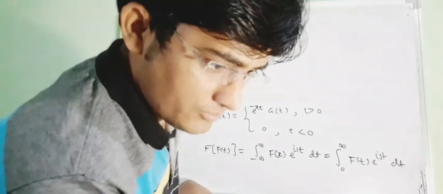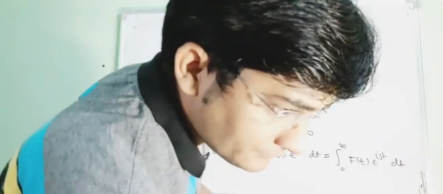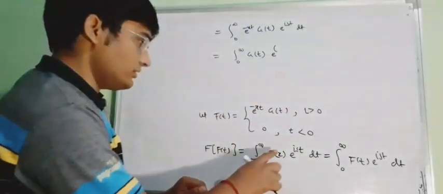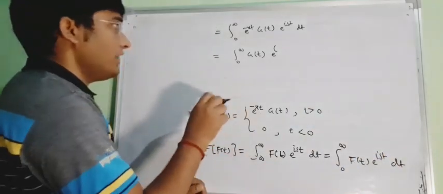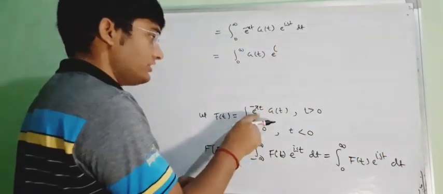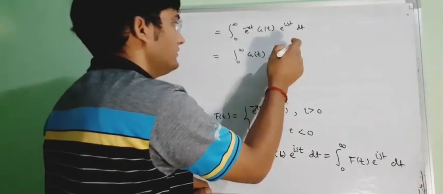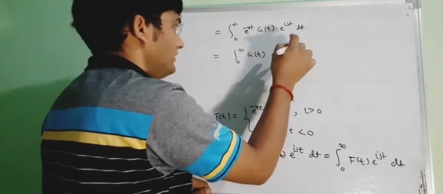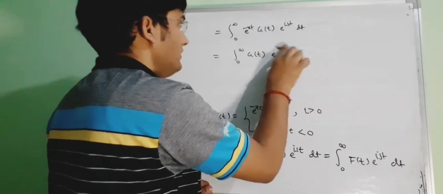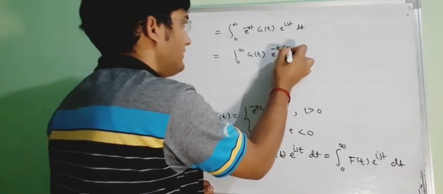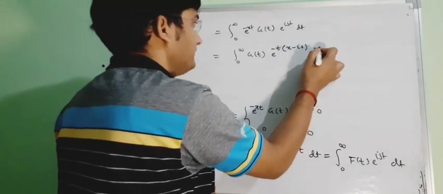Excuse me for a minute. Let us write it as, now here this is your f(t) e to power ist dt, and it can be written like this. And for f(t), the value of f(t) is e to power minus xt g(t). So here, if we take t common, then in the bracket we will have e to power, let us take minus t common, so in the bracket we will have x minus is, and then dt.